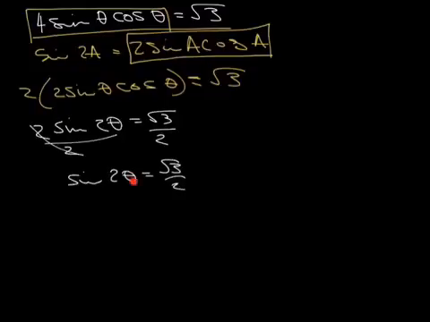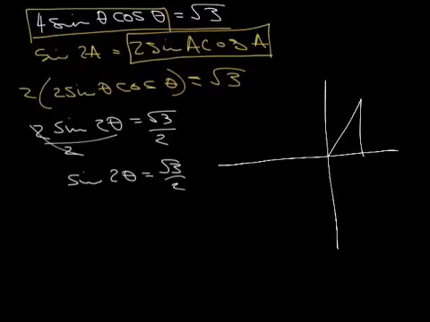So what that says is that we have an angle, we multiply it by 2, and then we take the sine of it, and we're going to get the square root of 3 over 2. Okay, so this really helps me. Positive square root of 3 over 2, and we're talking about sine, so I know I'm going to be in the first 2 quadrants. So square root of 3 over 2 would be the opposite over hypotenuse. So my hypotenuse is 2, my square root of 3 is here, which means this is going to be 1.